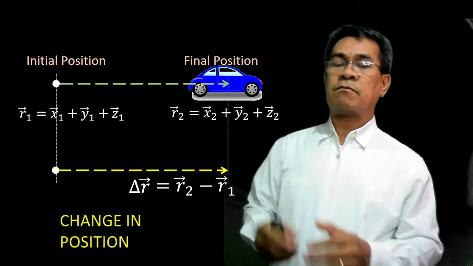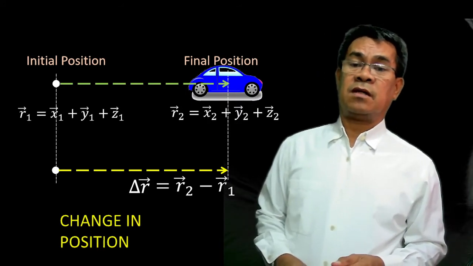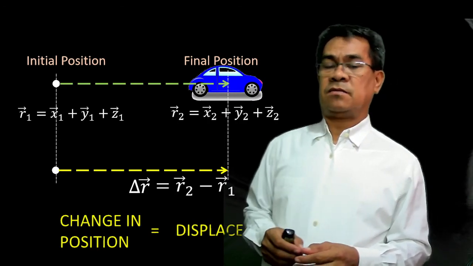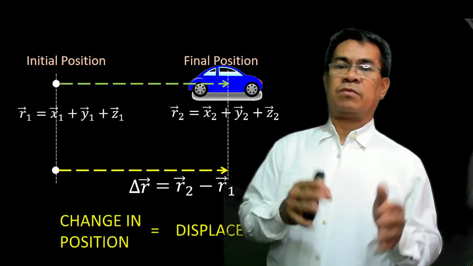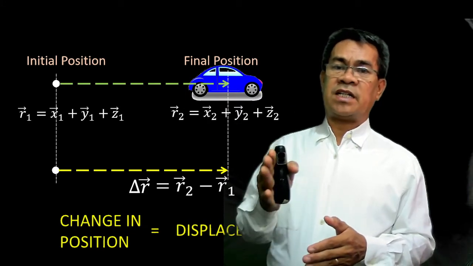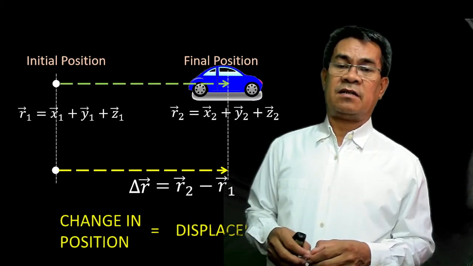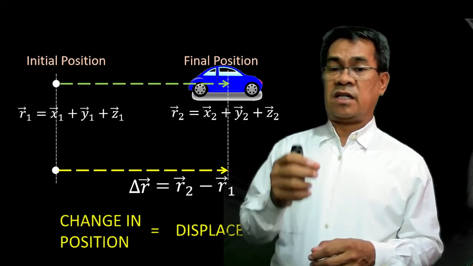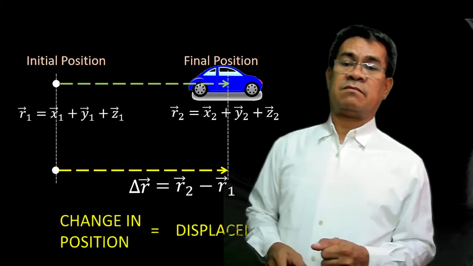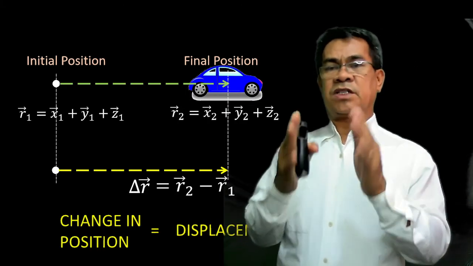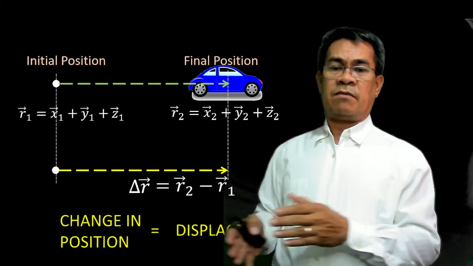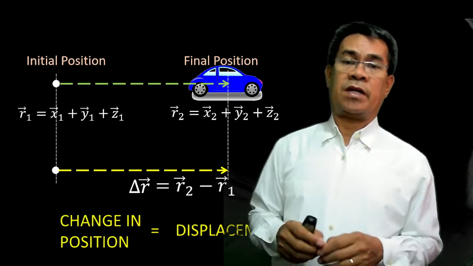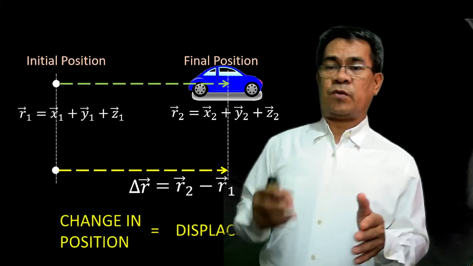It cannot be interchanged. We call this change in position the displacement, which means that the displacement can be computed if we have the initial and the final. Subtracting the initial from the final is called the displacement of the particle. The position is measured from the origin, but the displacement is the change in position of the particle. There is no change if we have only one position.